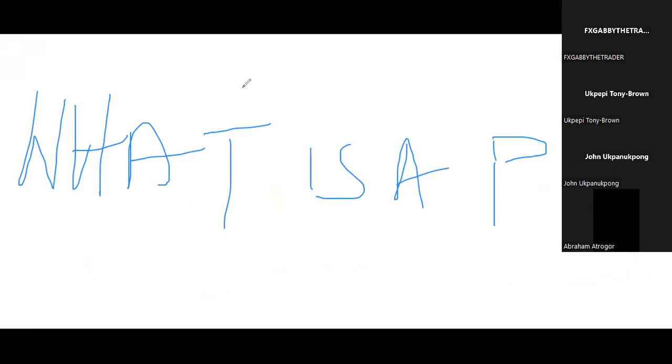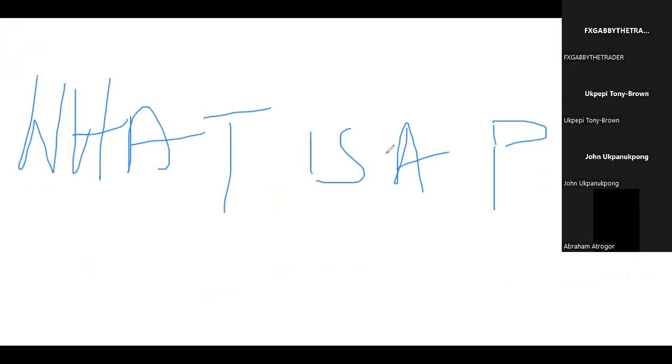All right, so we're going to be looking at what a pip is. After we're done with defining the term, we'll now look at how we can calculate a pip.